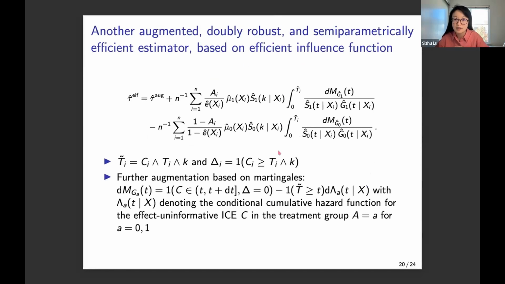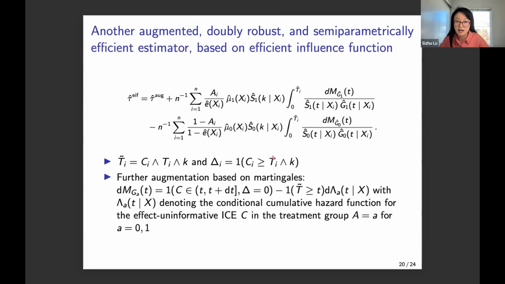Now we can estimate all of the nuisance parameters. It requires the estimation of all of them, but it does not require all of them to be correctly specified. There are two advantages of these estimators. First, it is more robust to misspecification of one of these models. At the same time, it also relaxes the rate requirements.